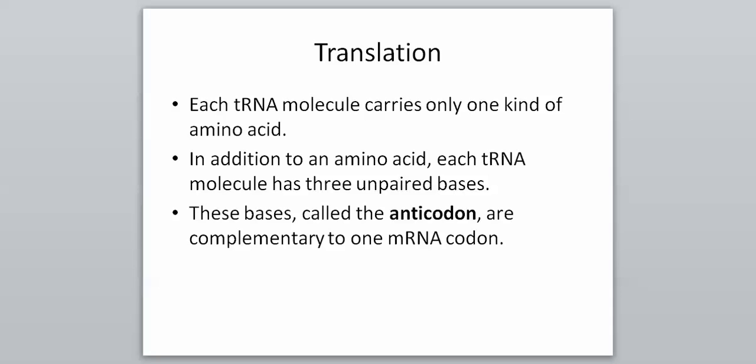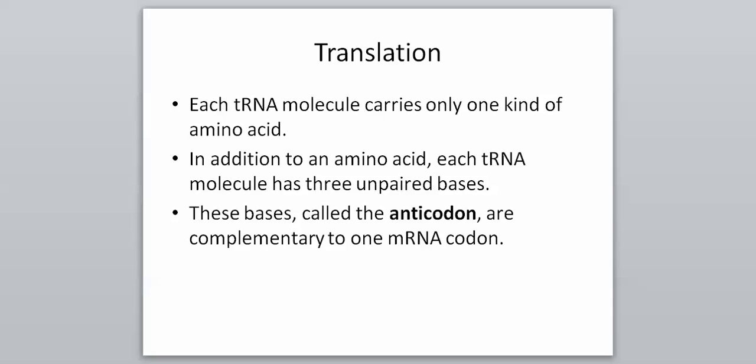Each tRNA, transfer RNA molecule, carries only one kind of amino acid. In addition to an amino acid, each tRNA molecule has three unpaired bases. So it'll have three A, U, C's, or G's that haven't matched up with anything. These bases are called the anticodon, because they will match up with the mRNA codon.